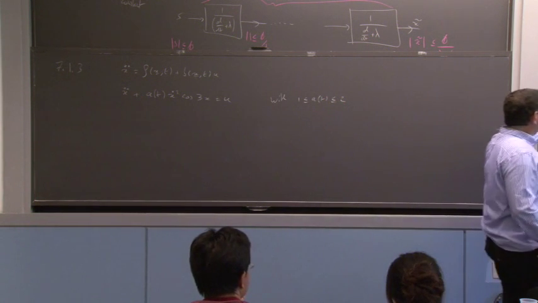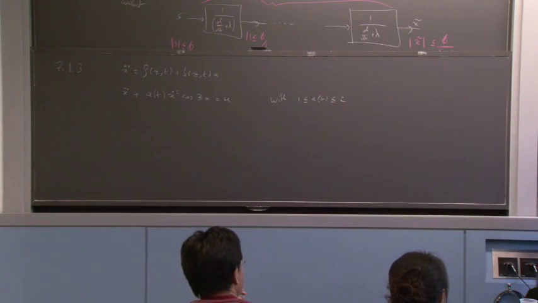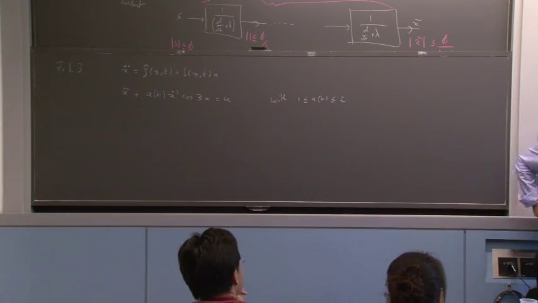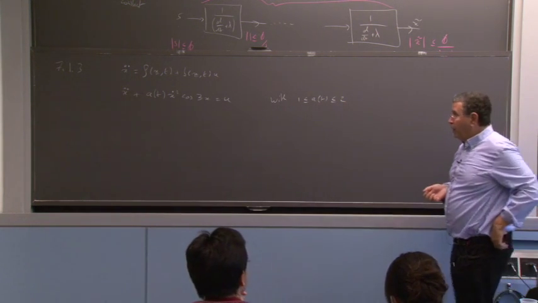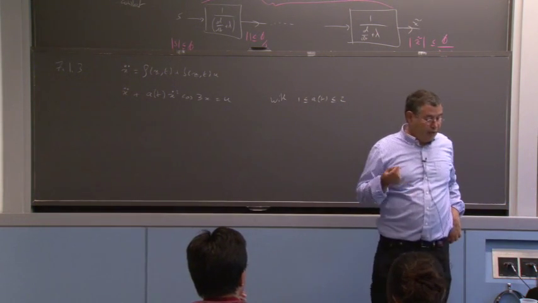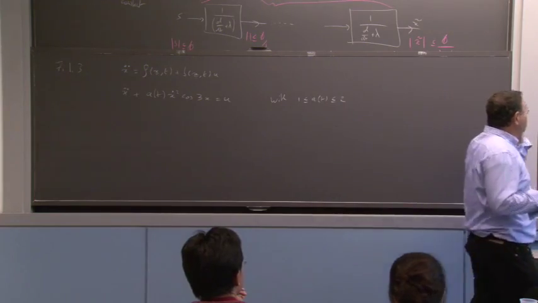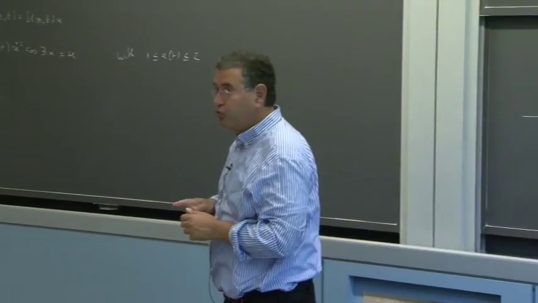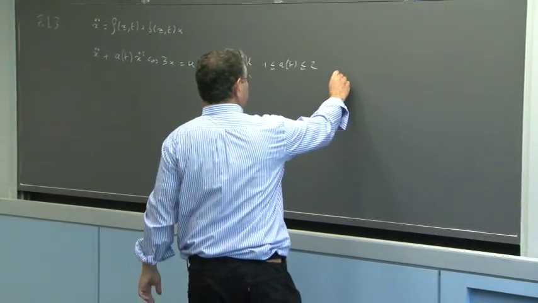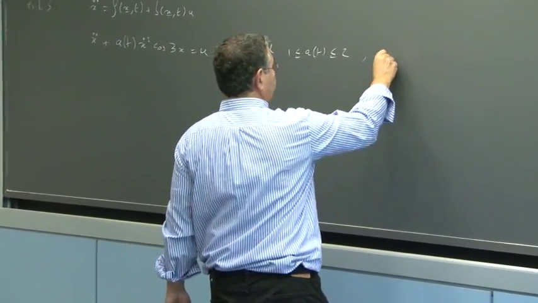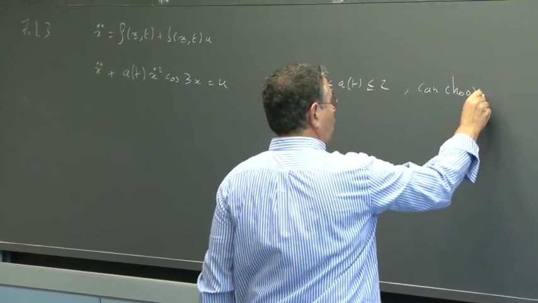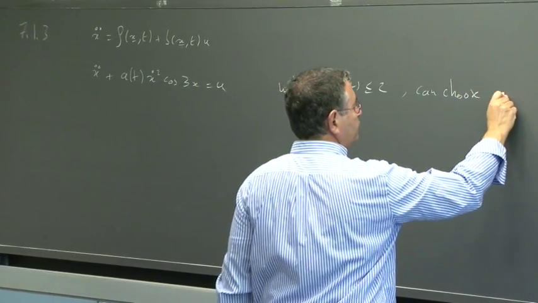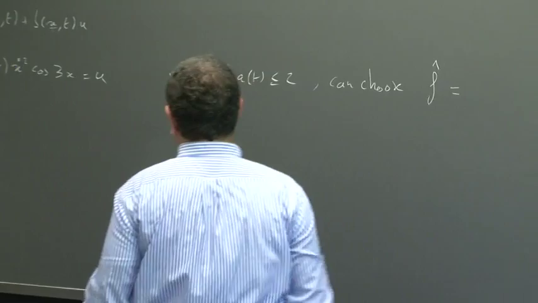What we want to do first of all is pick an estimate of this dynamics, and we would like it to be as close as possible to the real thing. So what's a reasonable choice for f hat?